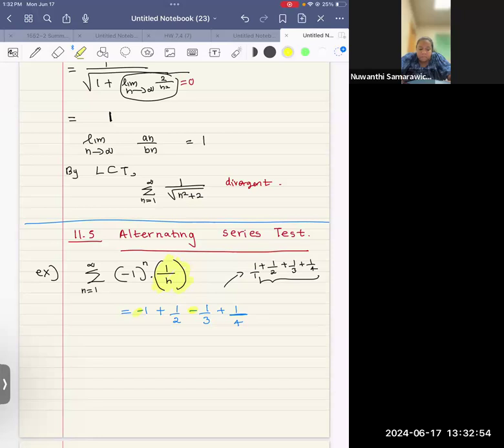divergent. But because of the sign here, this means -1 to the power n. This represents your sign. You might get a negative or you might get a positive value, depending on your power. If the power is odd, you will get a negative value.